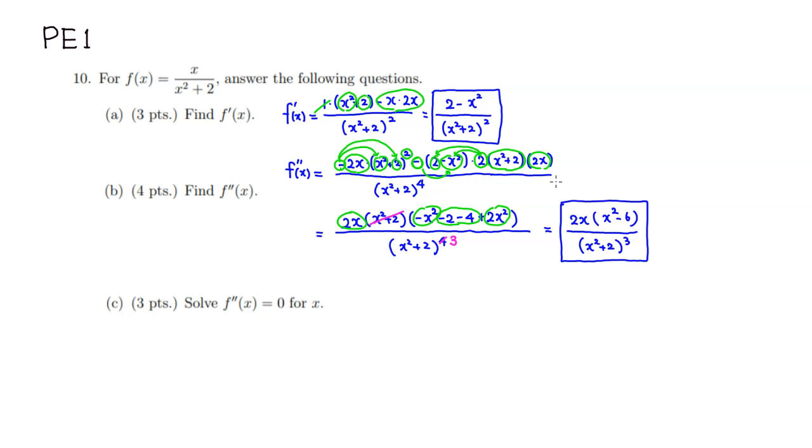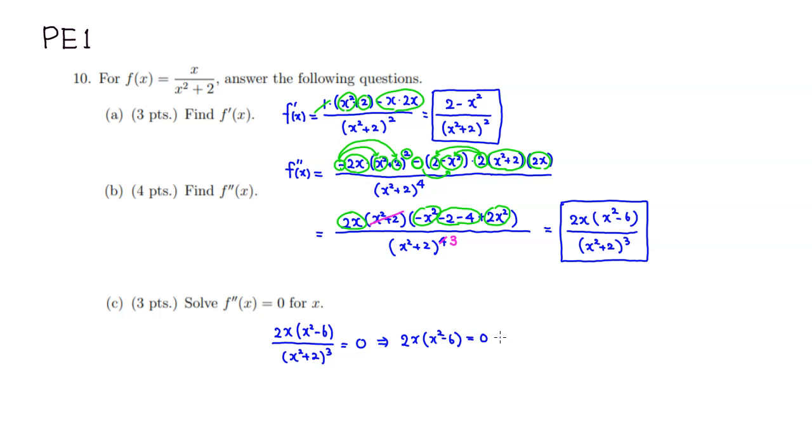What we want to do next is set this equal to 0 and solve for x. So we have 2x times the quantity x squared minus 6 over the quantity x squared plus 2 cubed, set equal to 0. All we have to do is make sure that the numerator is 0. So we have 2x times the quantity x squared minus 6 equal to 0.